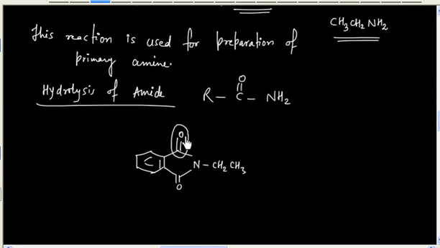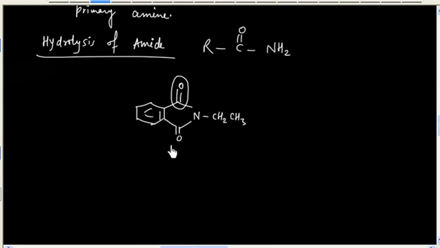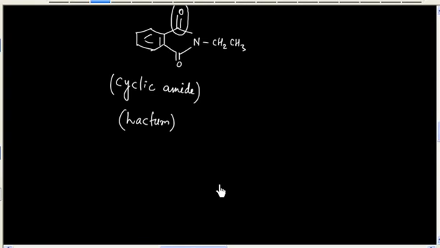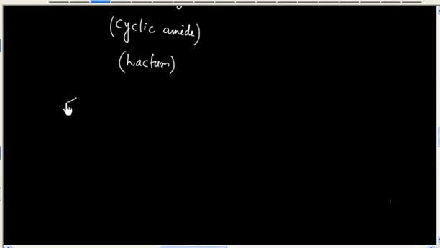You have CO and nitrogen. So this is also an amide. Only thing is this is a cyclic amide. Cyclic amides are called lactam. So let us write the mechanism for hydrolysis.